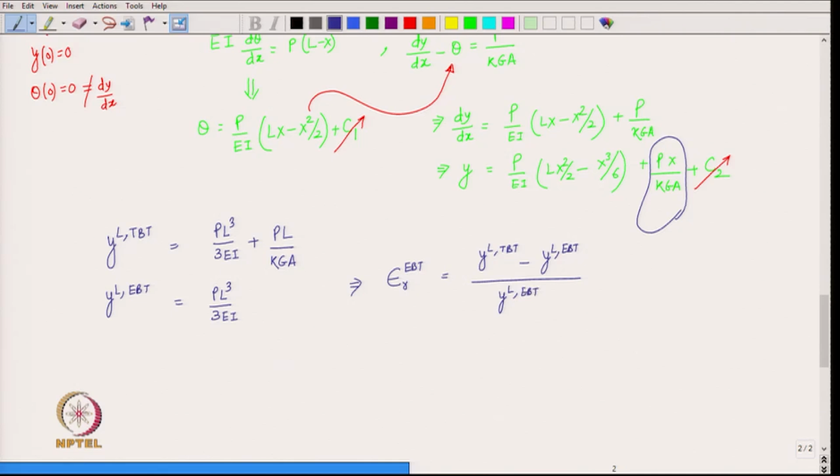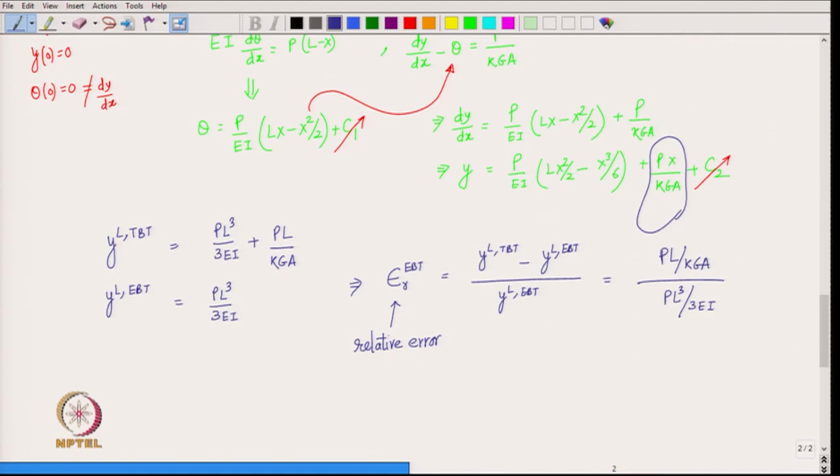So, this is the relative error. When we substitute the formula, we have PL/(kGA) divided by PL³/(3EI).